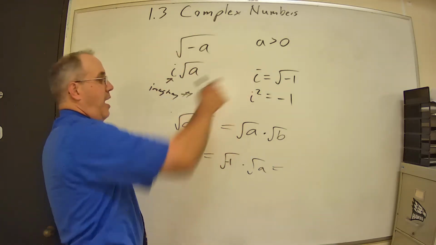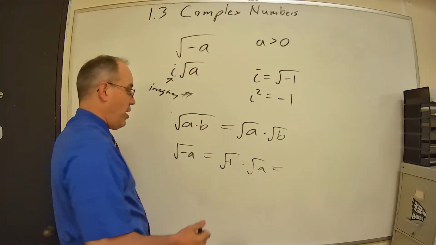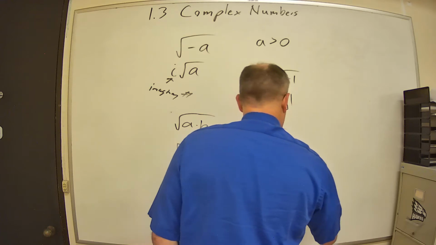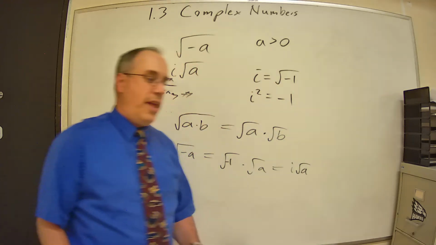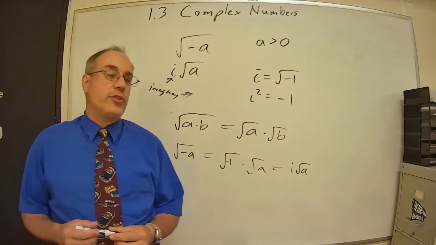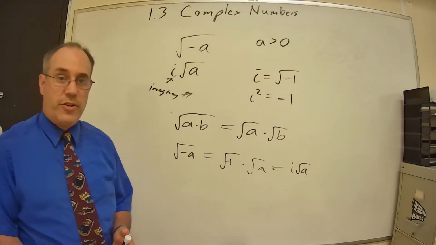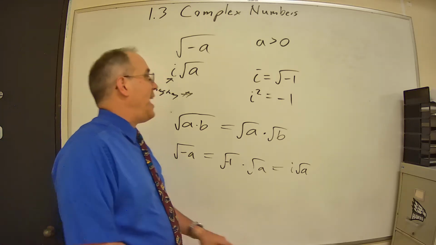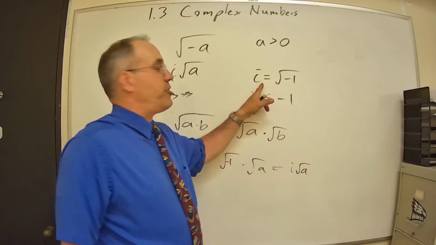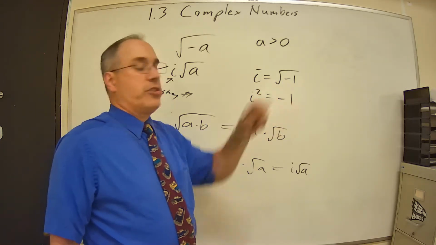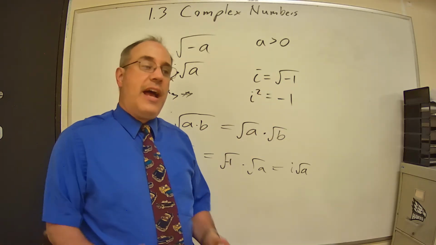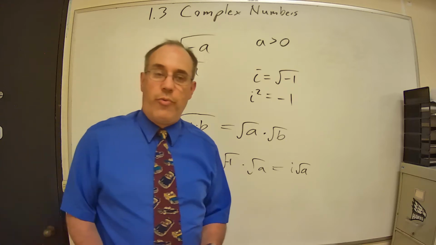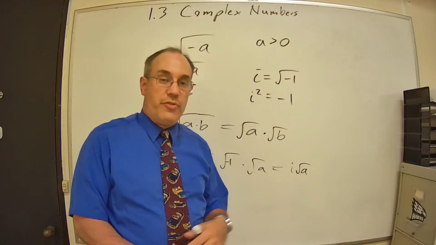We define i as being the radical of negative 1, so you have i radical a. And that's what we're talking about when we deal with imaginary numbers. Now that we have this definition, the imaginary number i is equal to the square root of negative 1, I can take the square root of negative numbers.